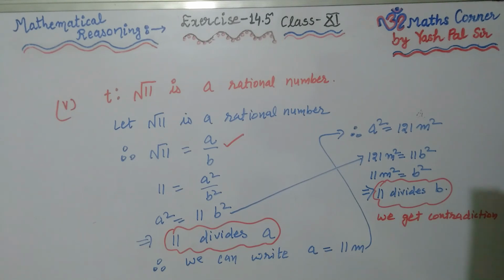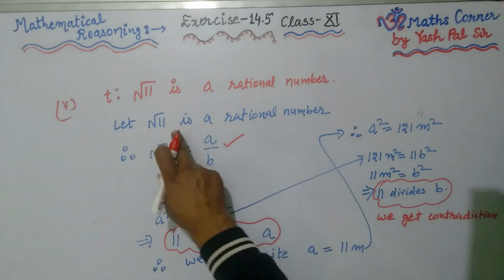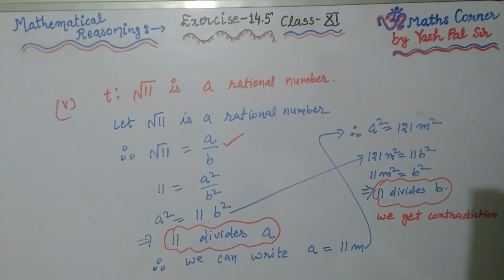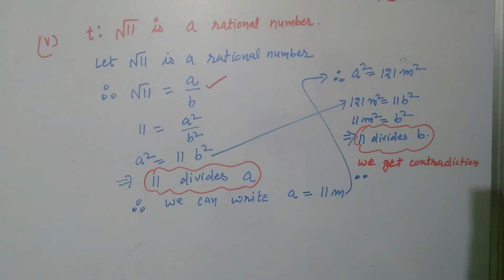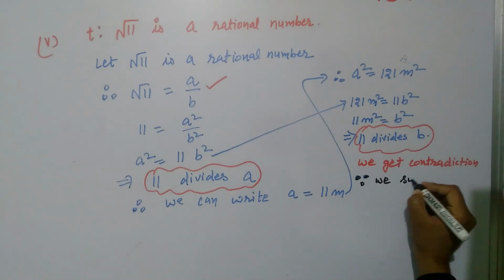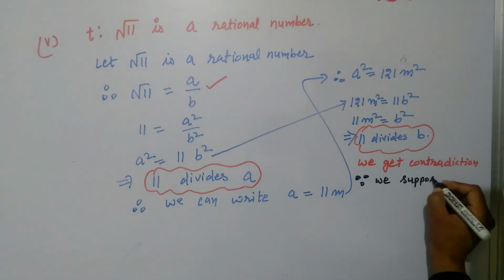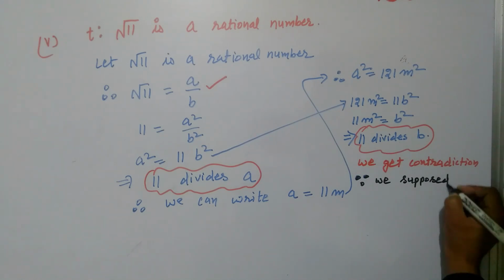So we get a contradiction. Why this contradiction? Because our supposition was wrong, because we supposed wrongly.